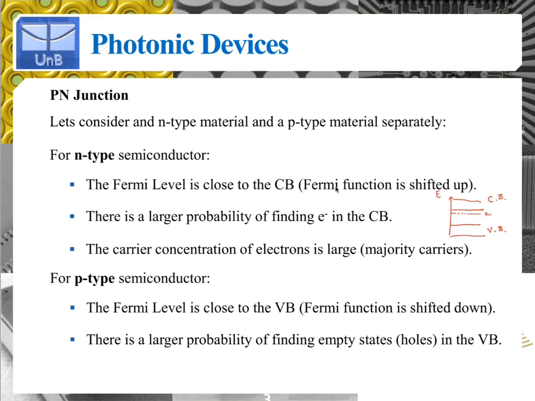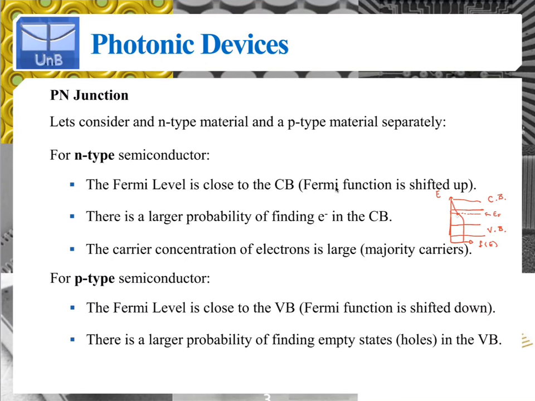So this would be the Fermi level, and the Fermi function, if you plot it, right, f of E is shifted in the same direction as well. So you have the Fermi function equal to 1, and it drops down, and right at the Fermi level it's 1/2 right here, and then it goes down like this.